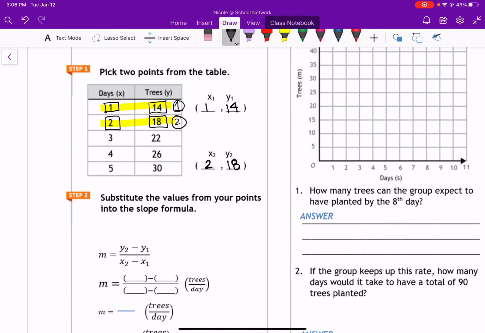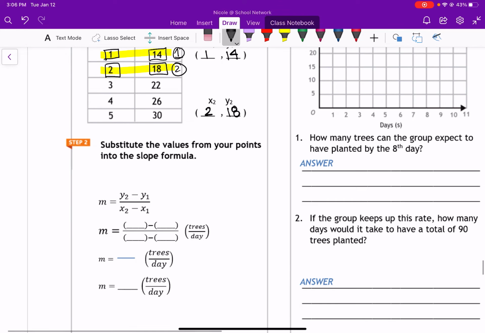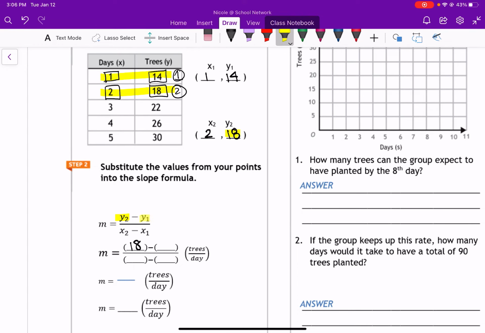And so now we're going to use the slope formula. So y2, where's my y2? That's right here. So that's 18 minus y1, so y1's right here. So 18 minus 14, so the two y's subtracted.